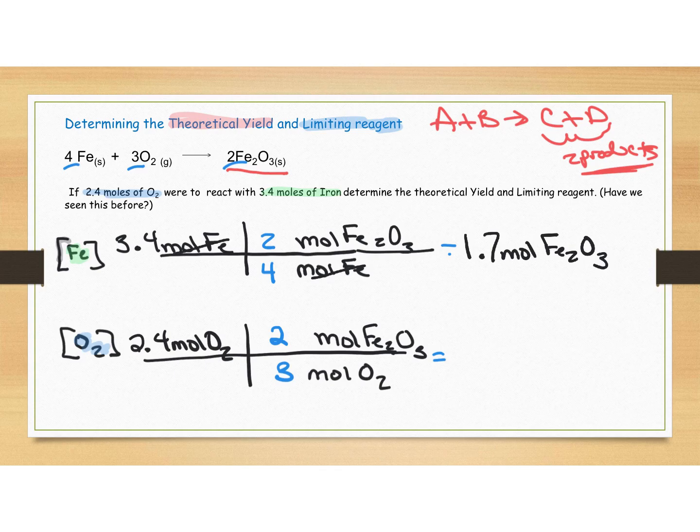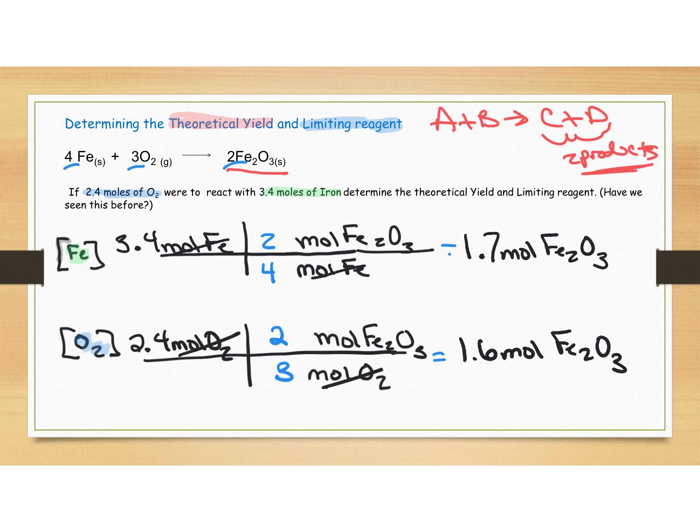And in the next one, I'm going to put 2.4 times 2 and divide by 3. And I get 1.6 moles of Fe2O3. Again, the moles of the O2 cancel out.